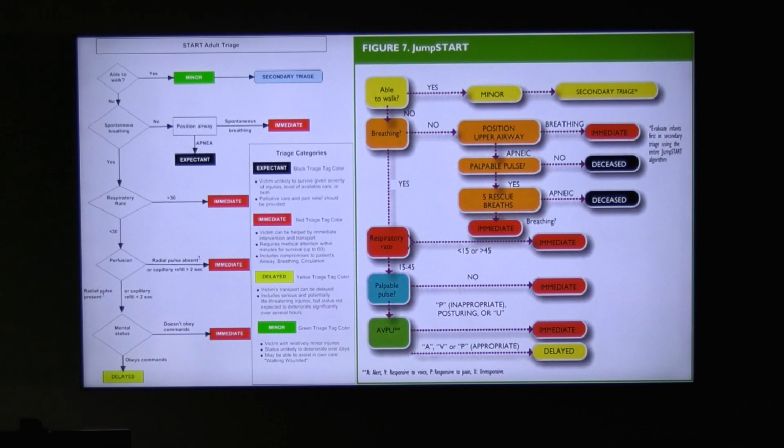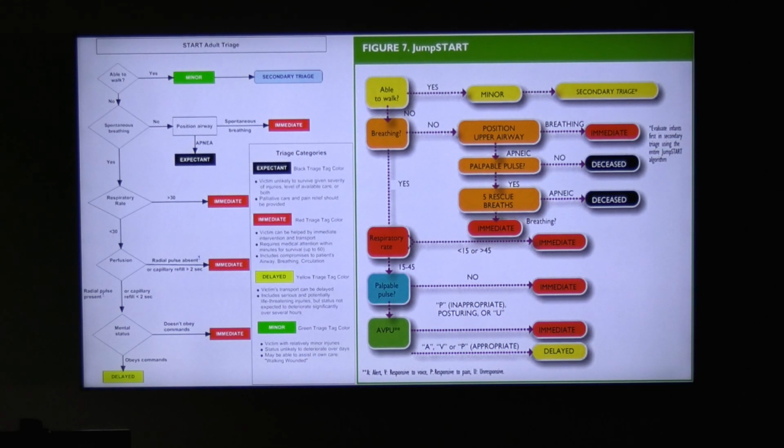If they do not have palpable pulses and they are apneic, then they are considered deceased. If they have palpable pulses despite being apneic, then you administer 5 rescue breaths. If they remain apneic, then they are considered deceased, and if they are breathing after 5 rescue breaths, they are considered immediate.